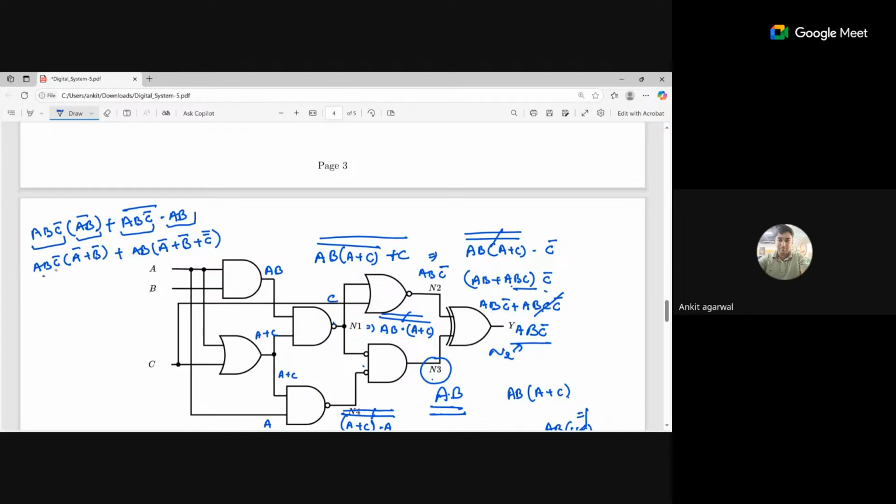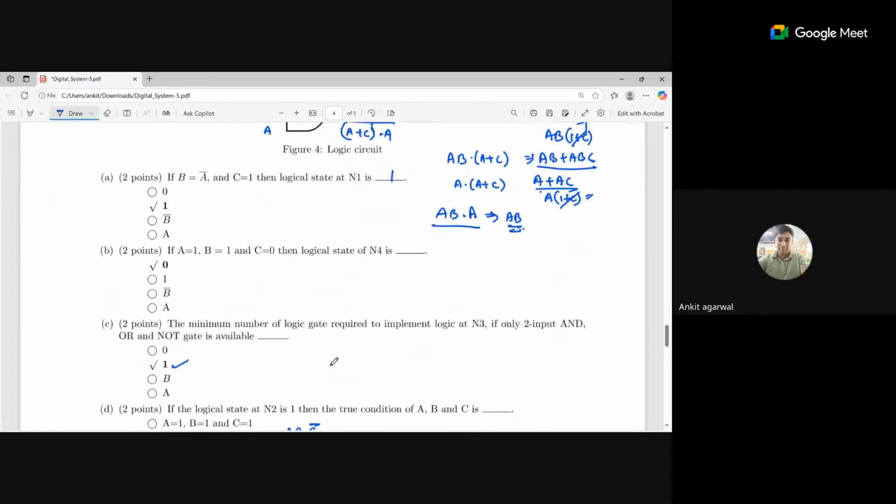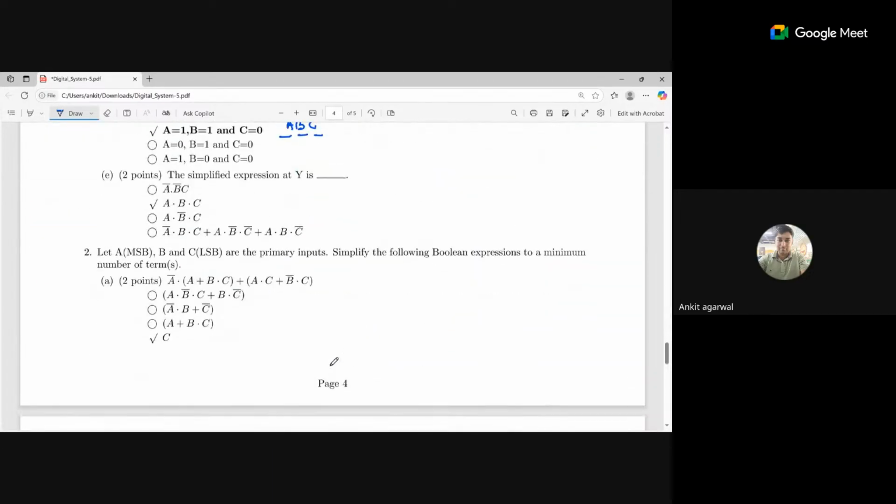Now A B C bar multiplied with A bar is 0, A B C bar multiplied with B bar, B bar is 0, so this complete term is 0. AB multiplied with A bar is 0, AB multiplied with B bar is 0, A B C double bar cancels out, so A B C. So the final expression is A B C.